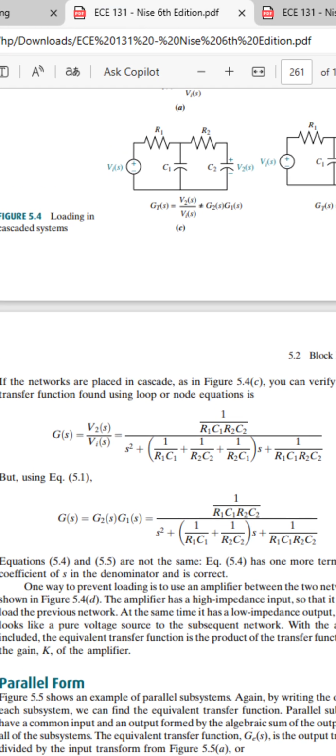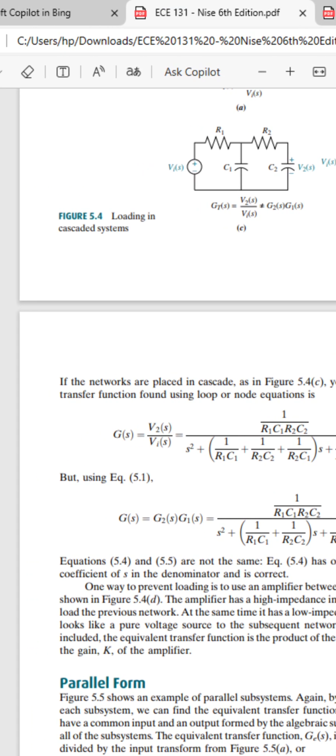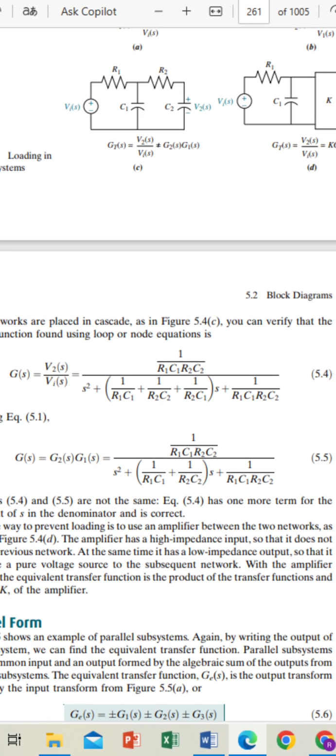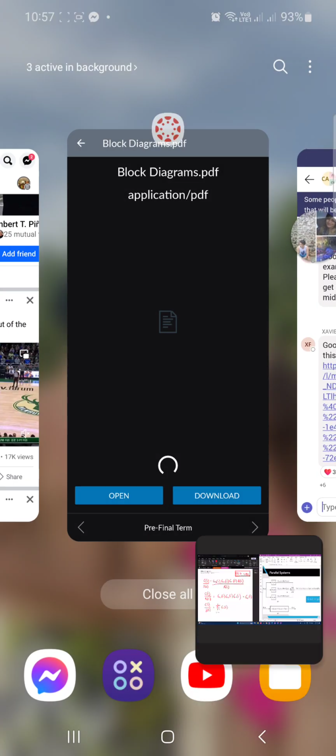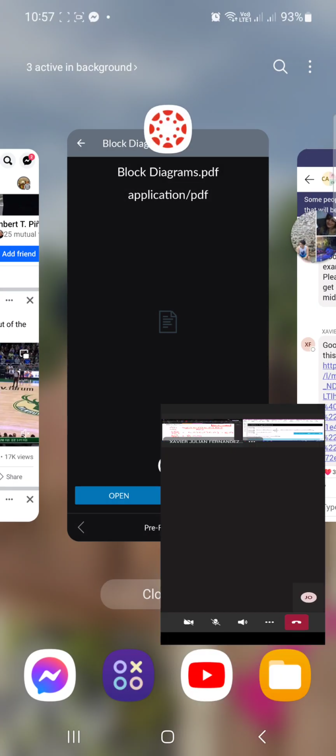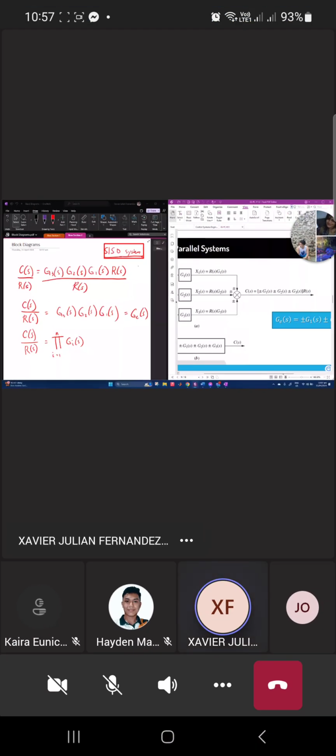Okay, so regardless of the sign, whether that's plus minus, sa imong summer, you just take the algebraic sum. So klaro kayo, di ba? Our C of S is just plus minus G1 of S plus minus G2 of S plus minus G3 of S. You enclose that in a bracket or a parenthesis times the input. Okay?